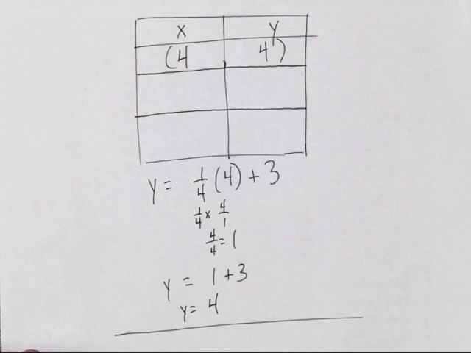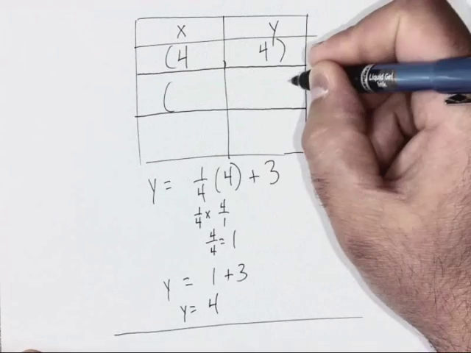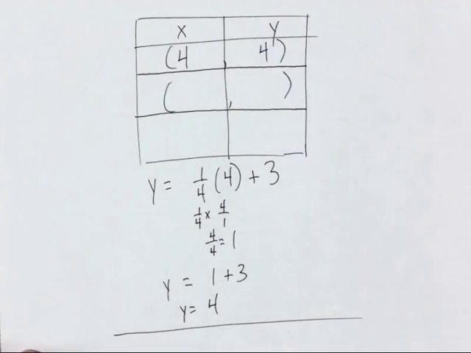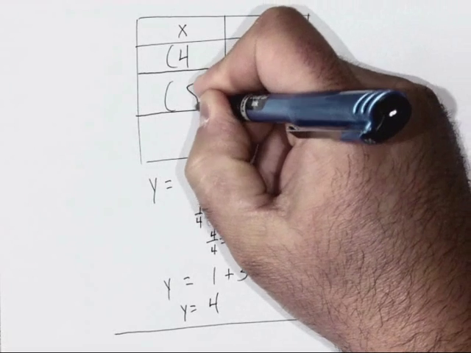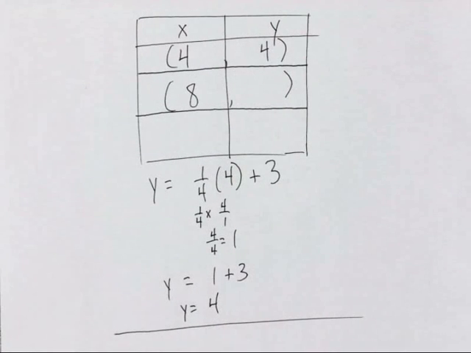Alright, so let's pick another number for x that's a multiple of 4. So a multiple of 4 would be 8. 4 times 2 is 8. So let's try that.